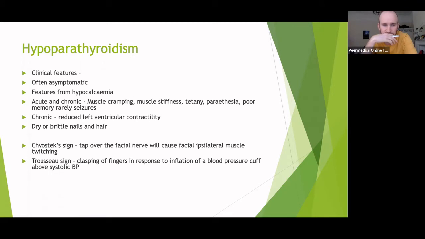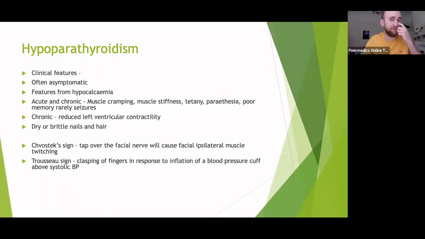So you're going to have those problems with your muscles. Also important to note chronic issues: calcium voltage-gated channels are found in the heart, which can cause problems with ventricular contractility.